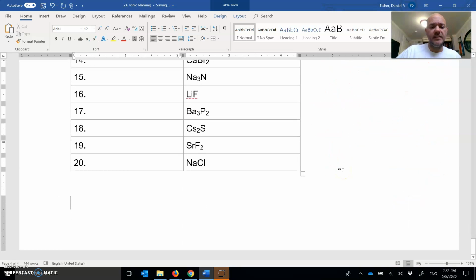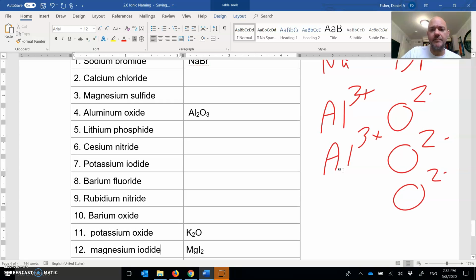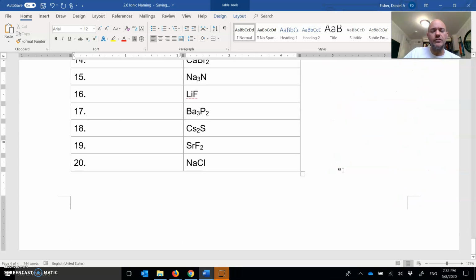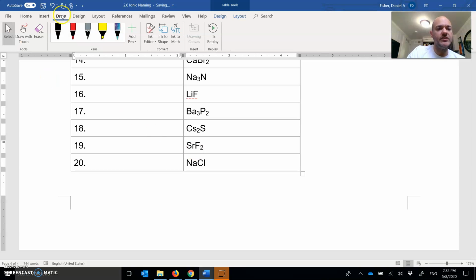Final thing, I'm going to come down to the bottom here. If you're trying to figure out how to do the formulas, the easiest thing to do is to look at your cation and your anion, right? So say I've got something like, I don't know, let's see.